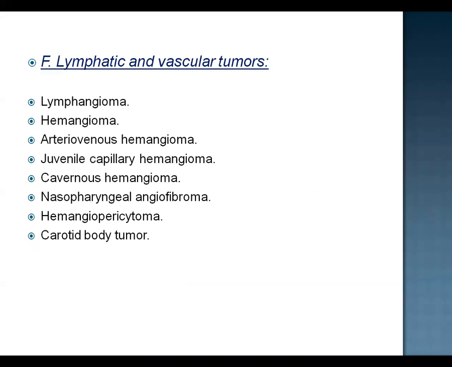Lymphatic and vessel tumors: lymphangioma, hemangioma, very important one, the hemangioma, arteriovenous hemangioma, juvenile capillary hemangioma, cavernous hemangioma, nasopharyngeal angiofibroma, hemangiopericytoma, and the carotid body.